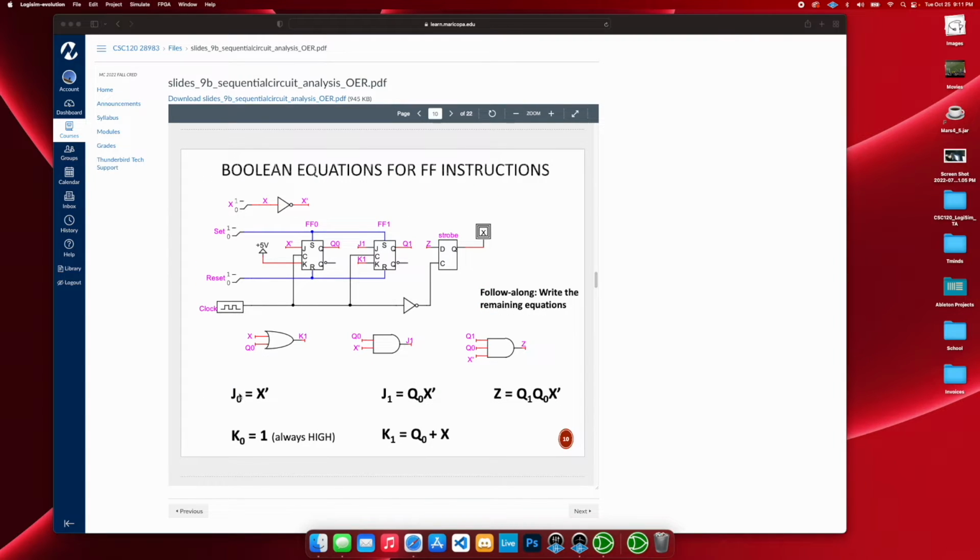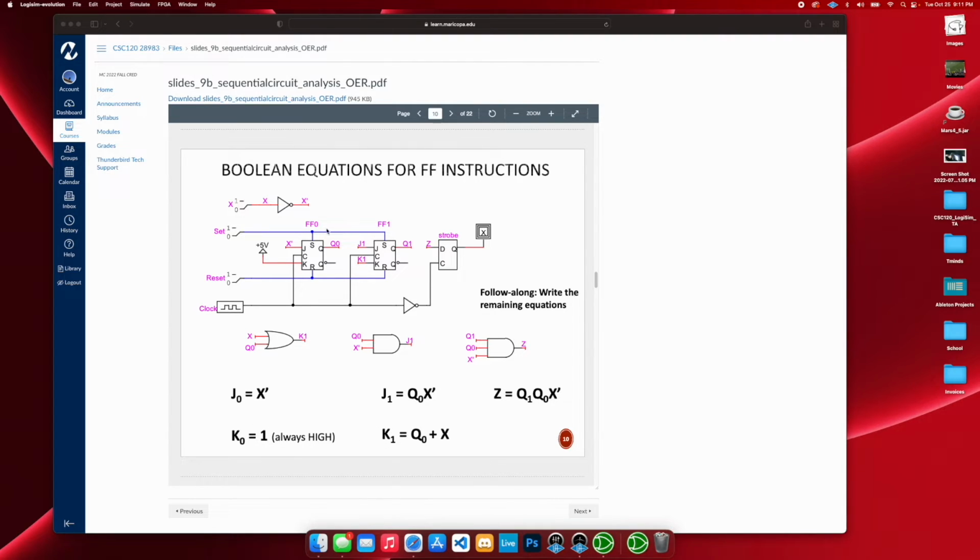Let's look at the first inputs that are very simple, J0 and K0. J0 is represented just by X prime, as you can see in flip-flop 0, where J is being given X prime, and K0 is given a high input, so the value is always high, or a 1.